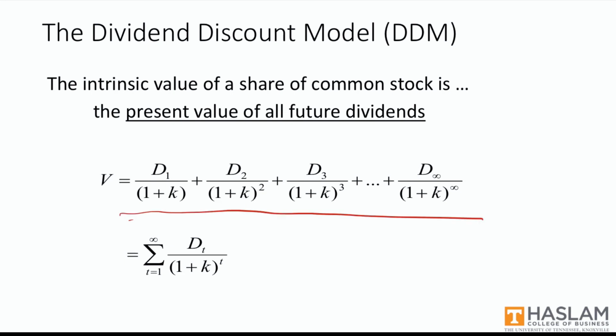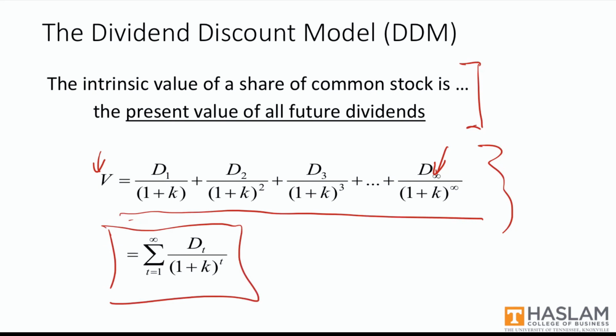So H has gone all the way to infinity, and so we've got D all the way to infinity, and we simply have the estimate for intrinsic value is equal to the present value of all future dividends. And so that's our original statement of the dividend discount model. And so you'll see it either like this, or in summation notation. These are equivalent.